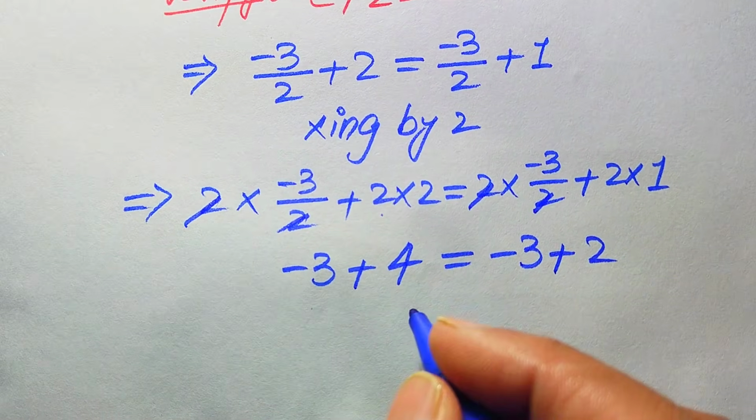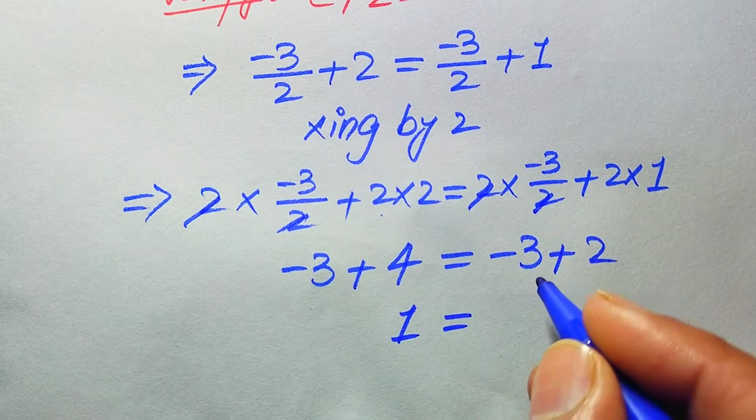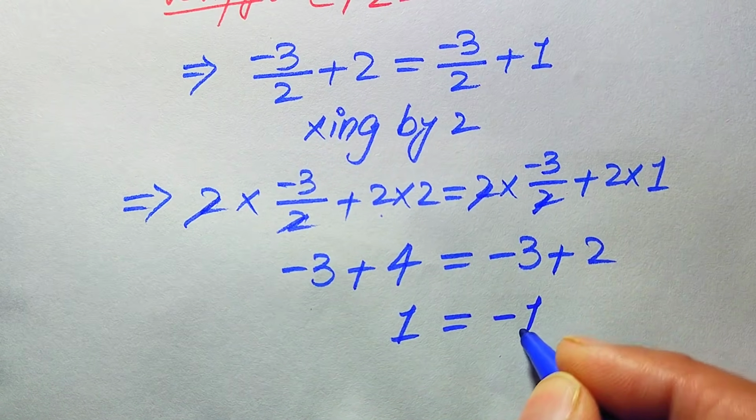So minus 3 plus 4 becomes 1, equals minus 3 plus 2, which becomes minus 1.